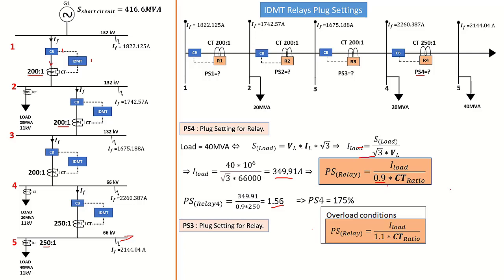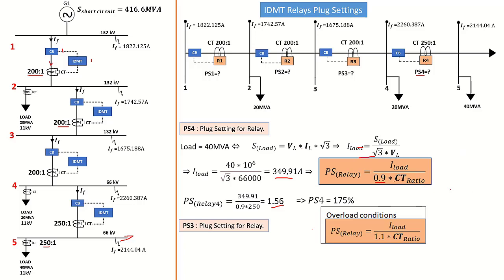In that condition, you have to use 1.1, that is 110% of the relay setting current. You can see that 110% of the setting current is rated slightly higher, but that is to take care of the high starting current in the case of motors.